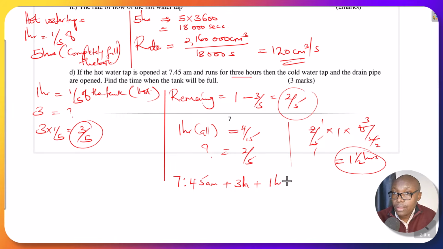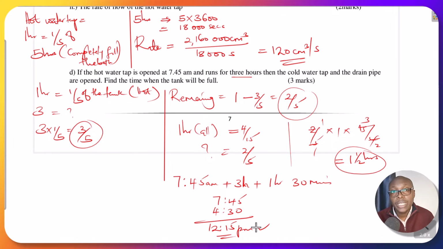So 1 hour and 30 minutes. So now you add this. So you take 7:45 and then you add 3 plus 1 hour. This will be 4 hours and 30 minutes. And this will give 12:15 p.m. That is the time when the tank will be full.